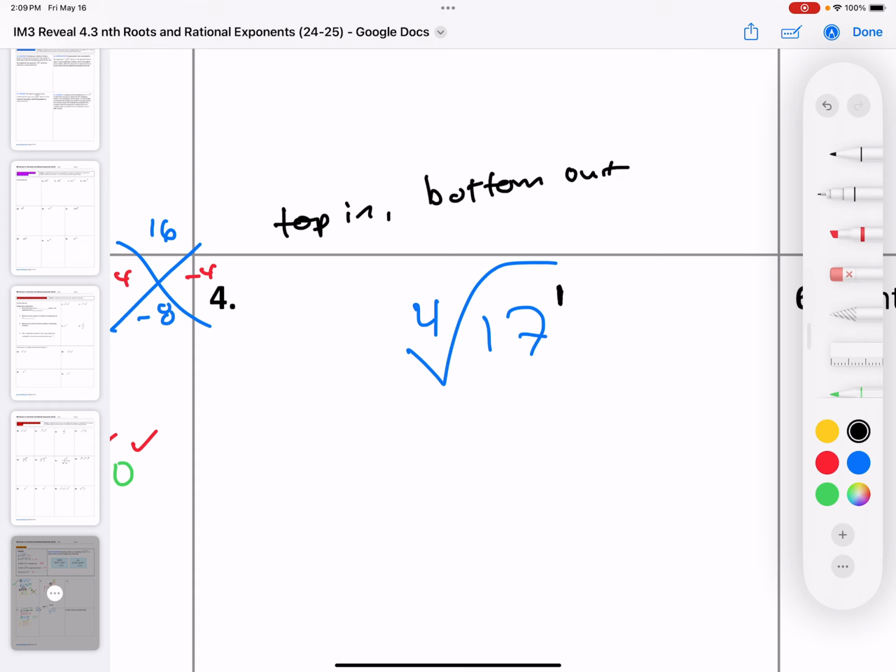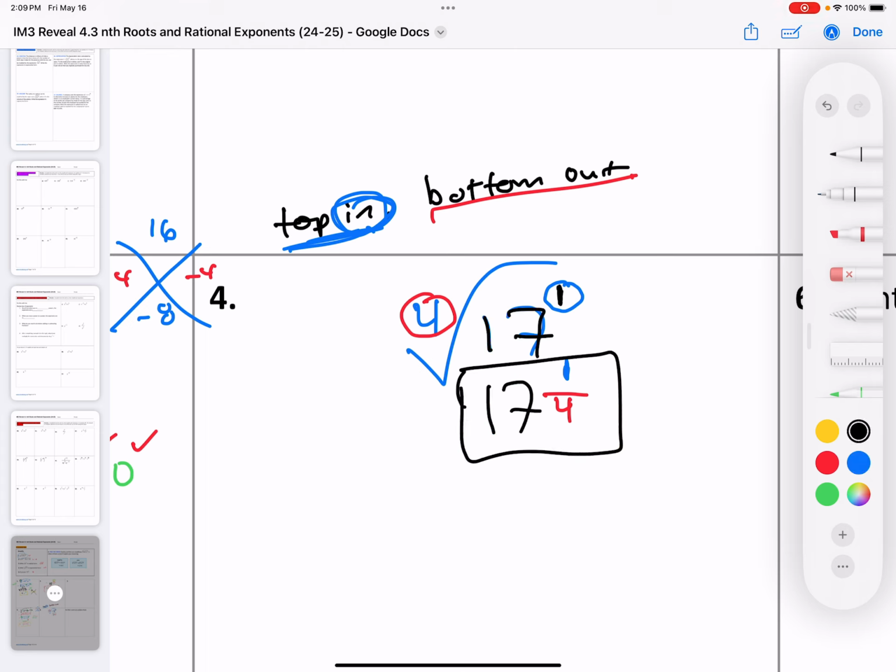Out. Okay? So this phrase is this part that'll become the bottom of my fraction. The top of the in is inside the radical, that's the 17. This will become the top. And then we just use what's in there, so I get 17 to the 1/4.